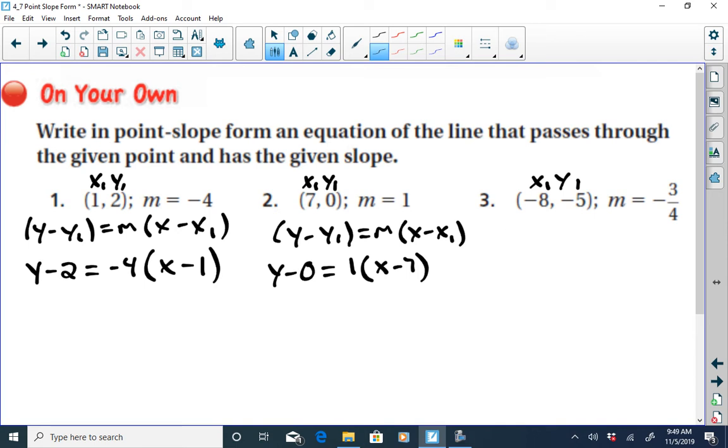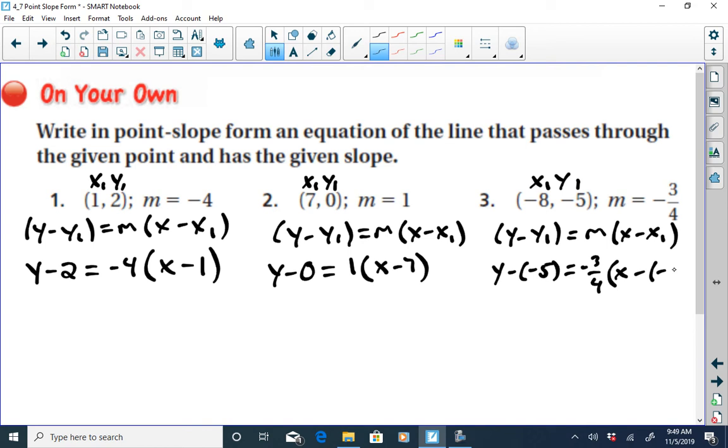Then our last example, x1 and y1. Write our formula. Y minus y1 is going to be equal to m times x minus x1. We substitute our values, so we take y, take away negative 5 because y1 is negative 5. That's going to be equal to our slope, which is negative 3/4, times x minus x1, which is going to be the negative 8.